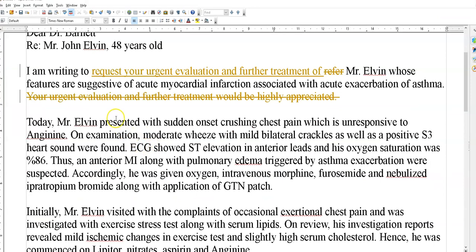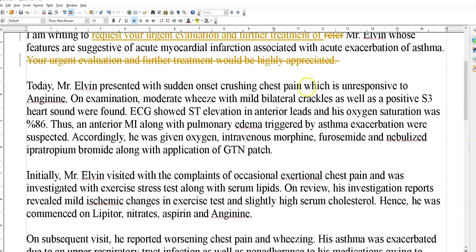So today Mr. Elvin presented, crushing chest pain, unresponsive, moderate wheeze were found, ECG showed anterior changes. There's no thus. Was suspected. You don't need thus. Who says that? Who says hence and thus these days? You don't need accordingly either. You don't need these introductory discourse markers, as they're called.